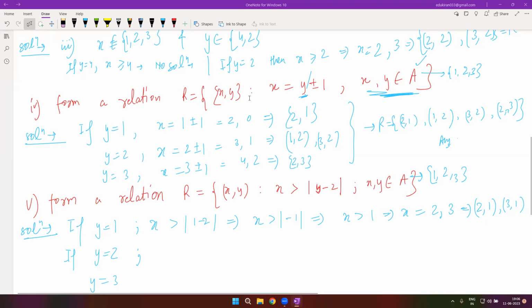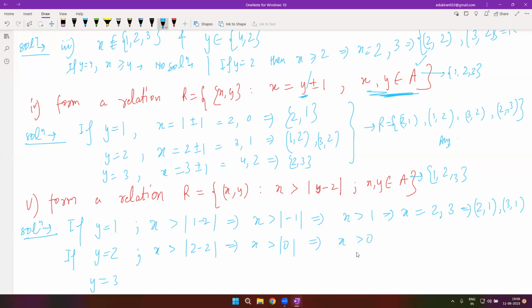Sir, the possible values for y equal to 2 are 1 comma 2, 2 comma 2, 3 comma 2. Correct. So Faisal, in this case, x must be greater than 0, no? If we put y as 2, then the equation becomes x greater than |2 minus 2|. Now x greater than |2 minus 2| means x greater than |0|.